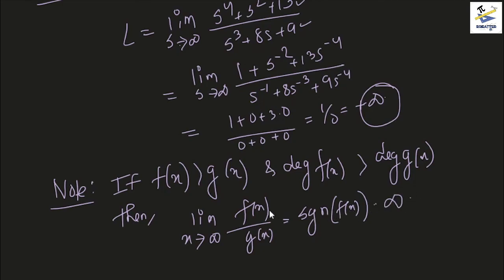So if it's a negative polynomial, it would be minus infinity. If it's a polynomial with the leading term being positive, it would be positive infinity. But in other words, in all the cases, it would be infinity, right?